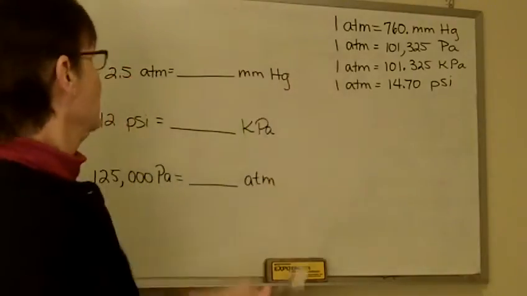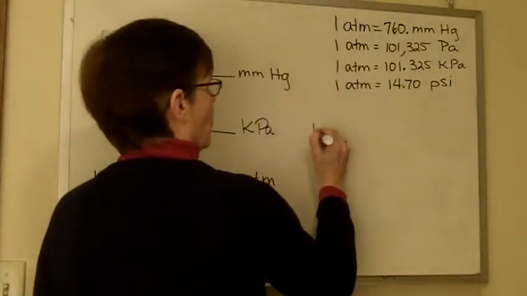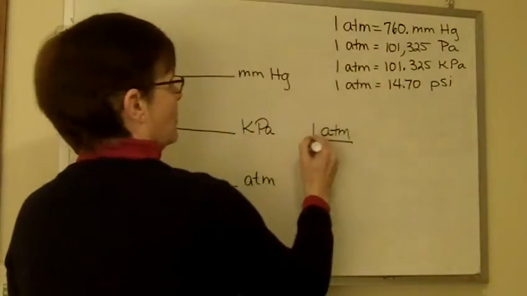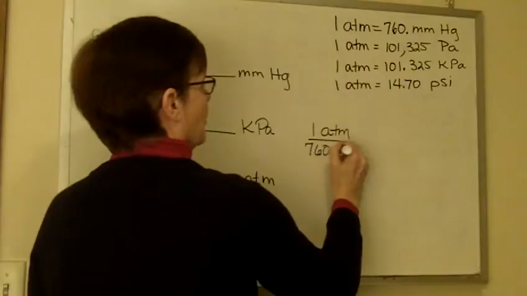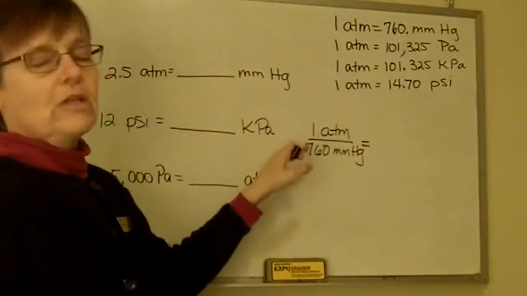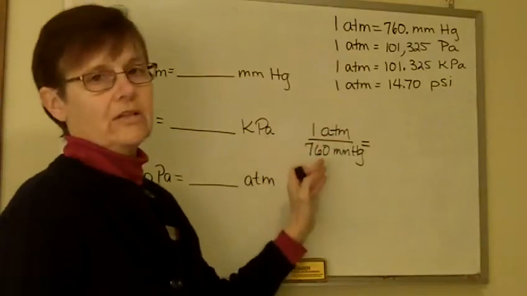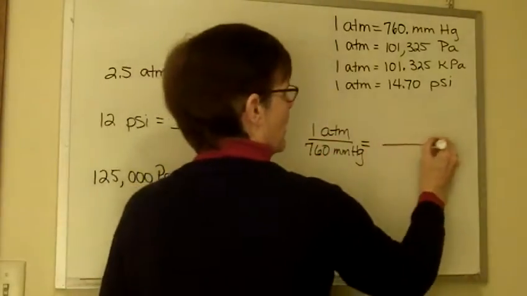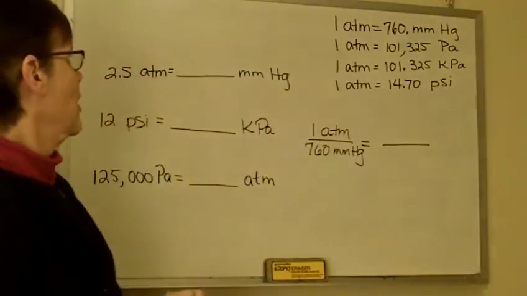And I'm going to get that from this list. I'm going to say 1 atmosphere is 760 millimeters of mercury. So those 2 units are always in the ratio of 1 to 760. So on the other side, we're going to need to have the same ratio, just with different numbers.